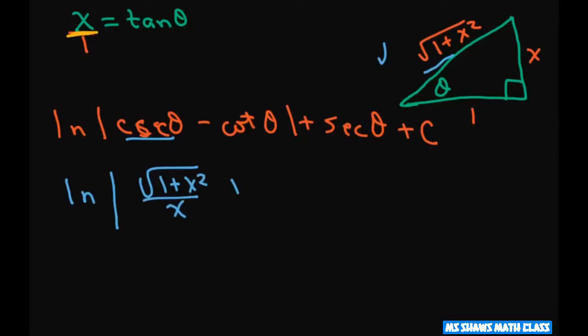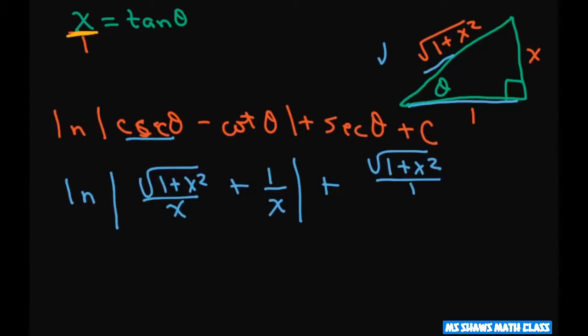And then you have cotangent, which is going to be adjacent over opposite, so that's just going to be 1 divided by x. And then for secant, secant is just going to be hypotenuse over adjacent, so that's going to be the square root of 1 plus x squared divided by 1, plus c.